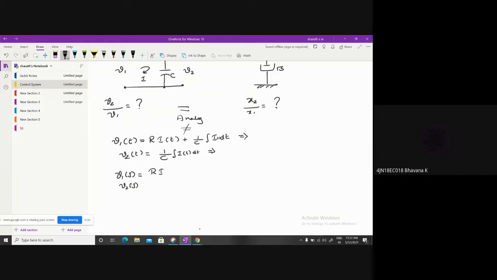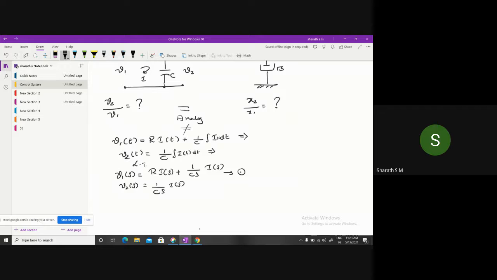R into I of s plus 1 by CS into I of s. The same way for the second one, 1 over cs into I of s.